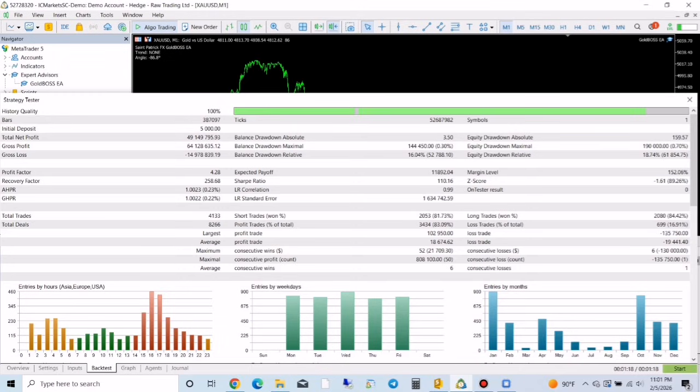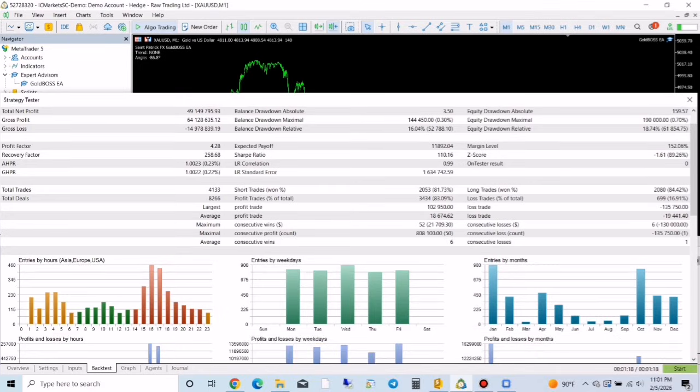Here we have 16. And then I also like to check the consecutive losses count. Here it's 1. I don't like an EA that has a string of losses because it discourages you. So here we have 1 loss in a row, and a string of wins of 50. So this is it for the test.